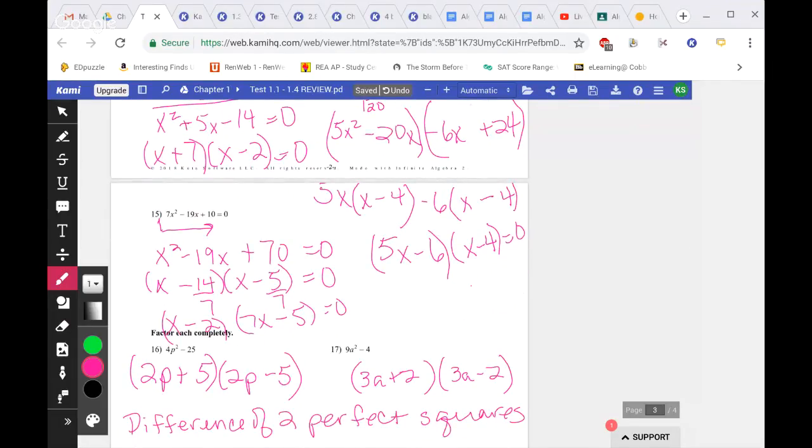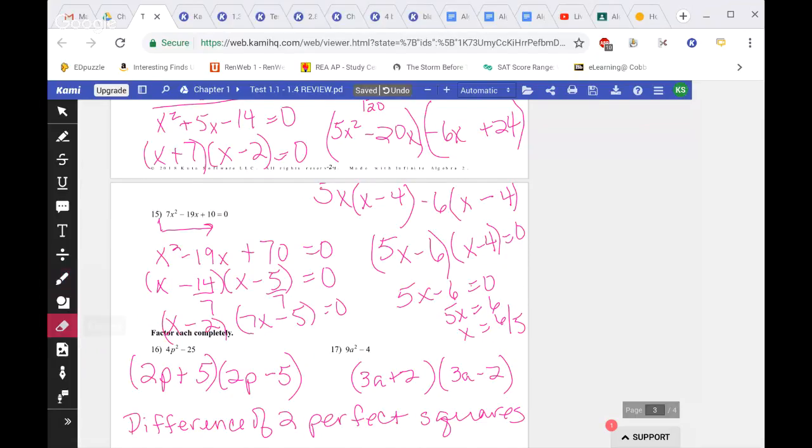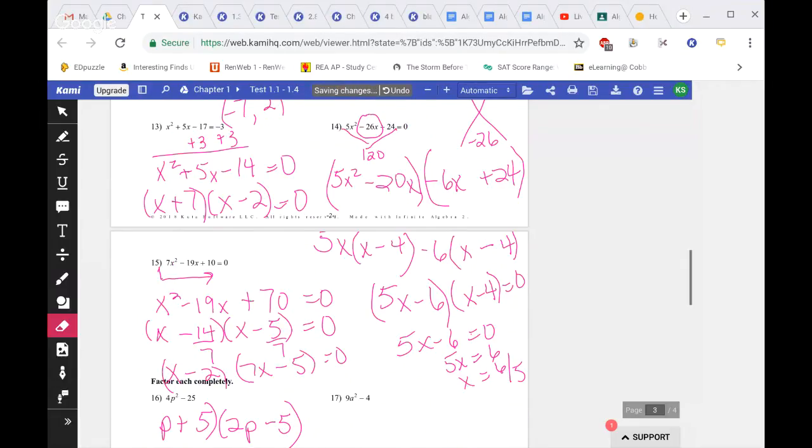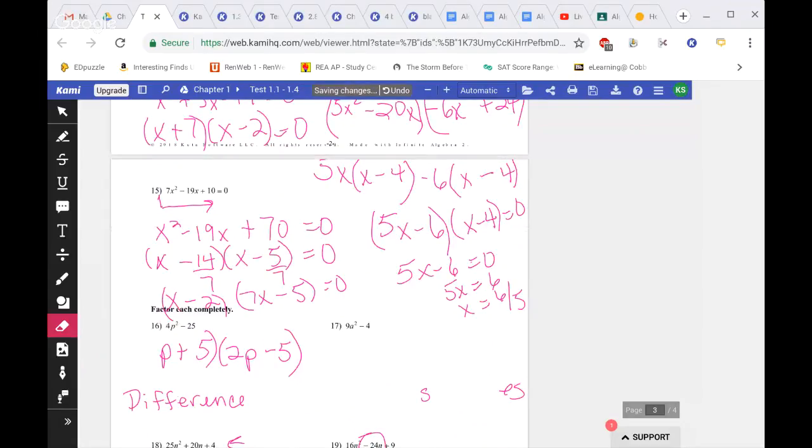So if I set this equal to 0, that would give me 5x equals 6. So x equals 6/5. And if I set the x minus 4 equal to 0, it would give me 4. So my answer for number 14 is 4 and 6/5 in a group.